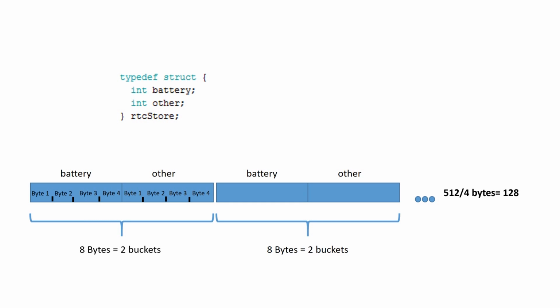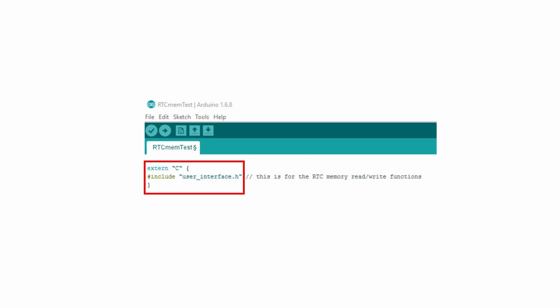After the definition, we have to initialize a variable in our sketch. I call it RTC mem. Now we are ready to store data. To use the RTC memory, we need to include the C file user_interface.h right at the beginning of our sketch.